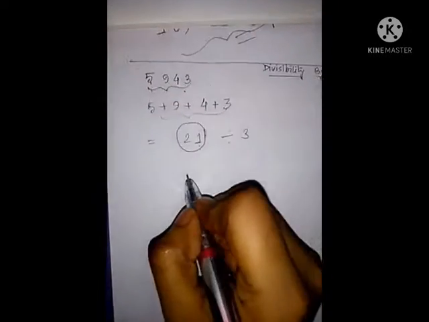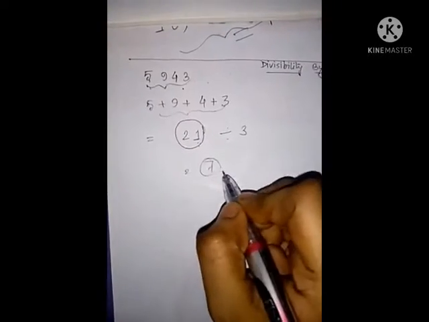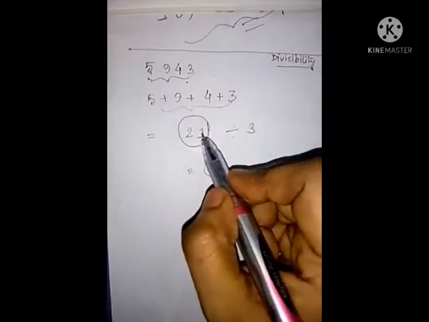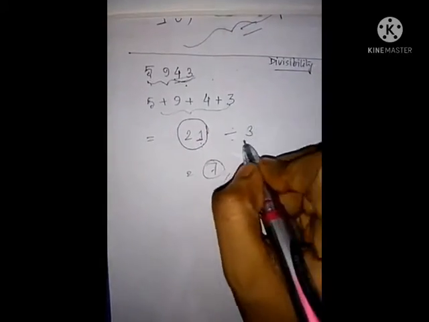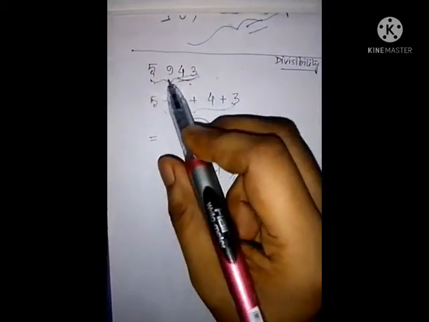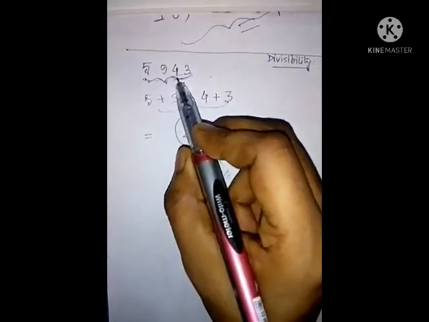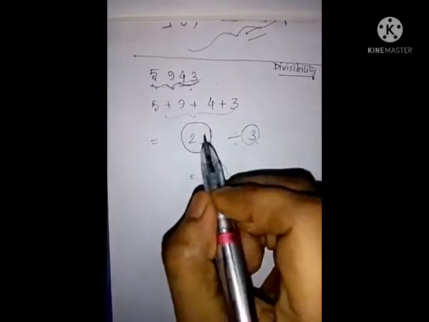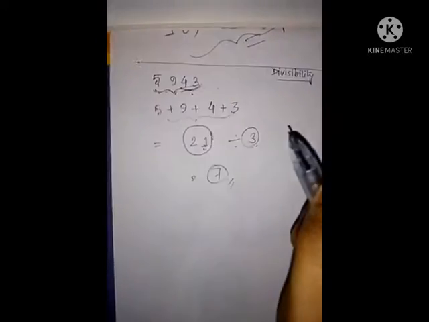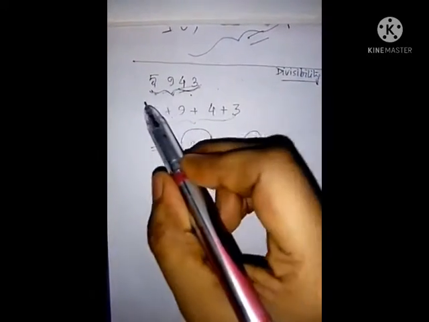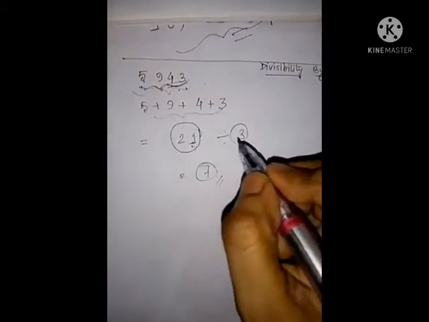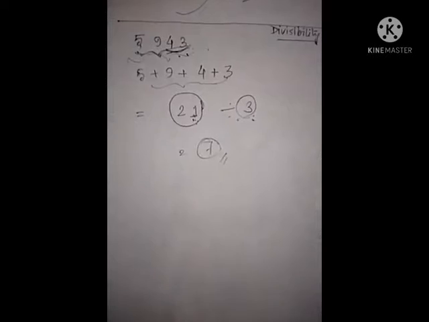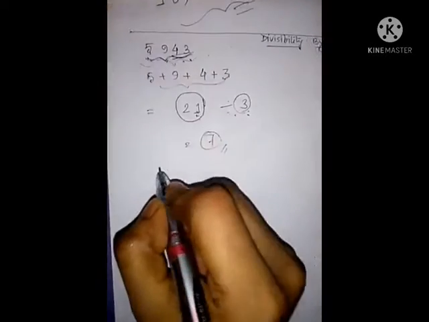How much? 7, right? So we can say that this number is also divisible by 3, because the sum of the digits of this number is divisible by 3. Understand?